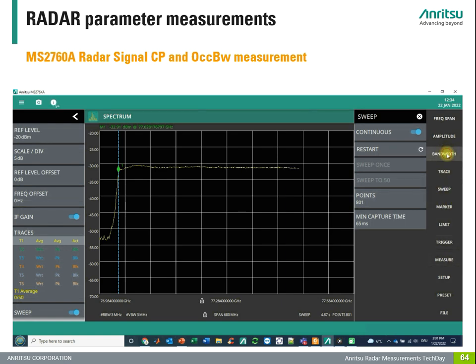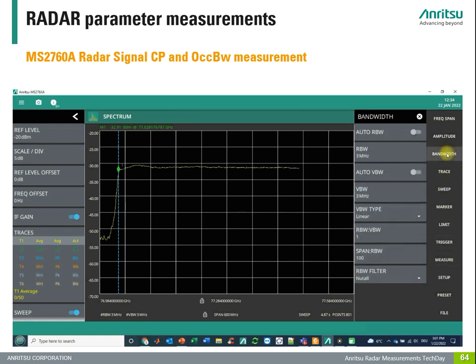Let's check on the bandwidths: we are operating 3 MHz resolution bandwidth and also 3 MHz video bandwidth. And the VBW type is linear. This means we are getting the linear average of the incoming power.